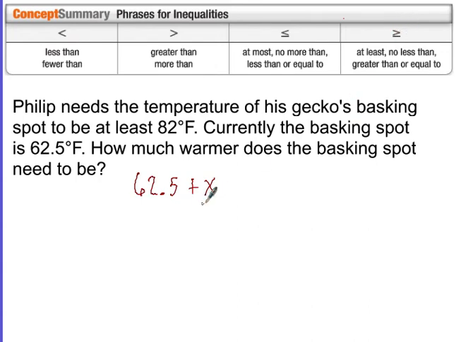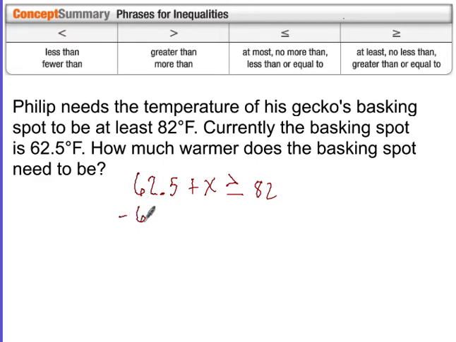Greater than or equal to, which is weird to me. If you say at least, it means more than, right? At least can mean more than. So it's weird that it has the word least in it, but we don't want the less than. We want the more than. So 62.5 plus x is at least 82 degrees.